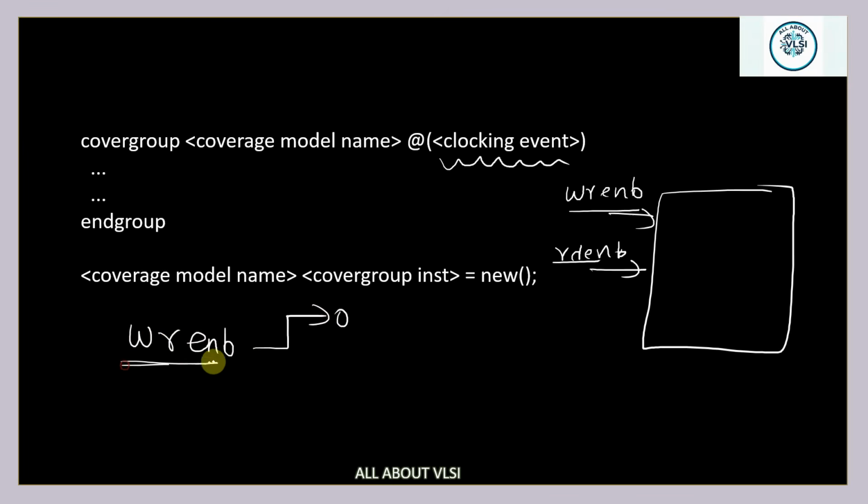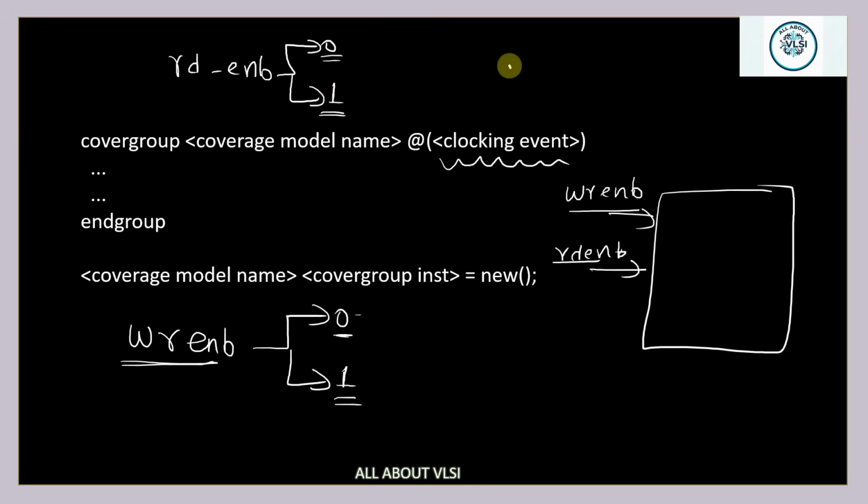That is, whether write enable is made 0 or not, and whether write enable is made 1 or not. In my testbench, whether the user is providing write enable equal to 0, write enable equal to 1, read enable equal to 0, or read enable equal to 1.